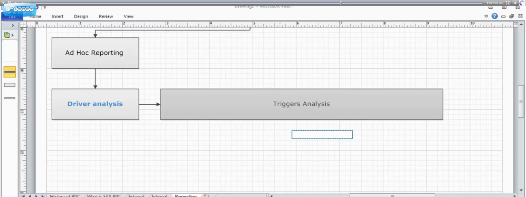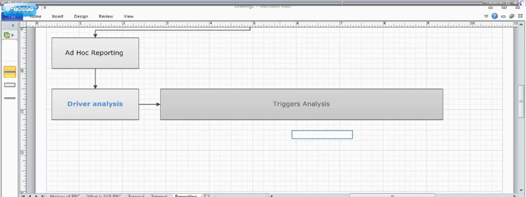So there are fundamental questions that can be answered by driver analysis. For example, the first can be: what aspects of our business result in higher customer retention? Second, it can be: what are the specific product features that lead to the purchase of my goods?